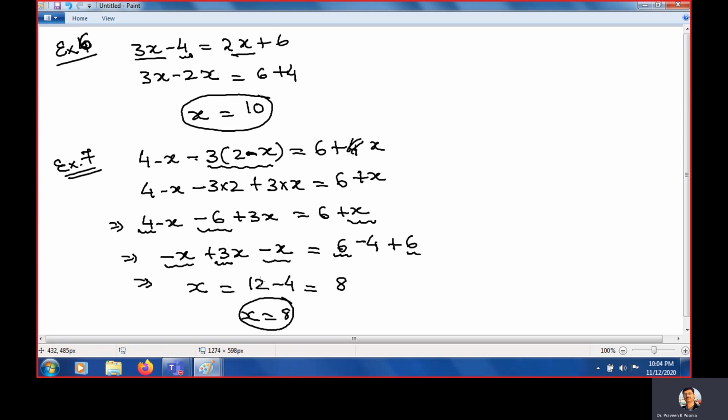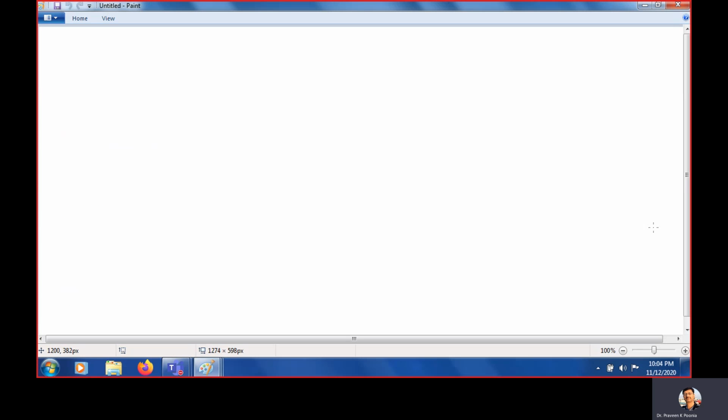Got it? So this is how we are solving these linear equations. Okay. Let us take one more, example number 8. What type of example is this? It is x plus 2 upon 3 equals 7x minus 5 upon 2.